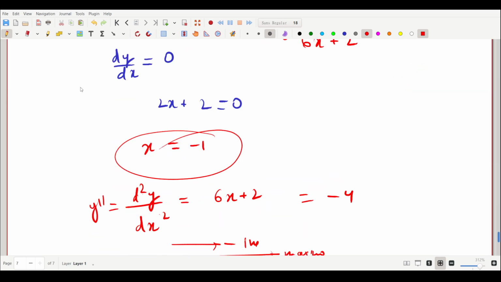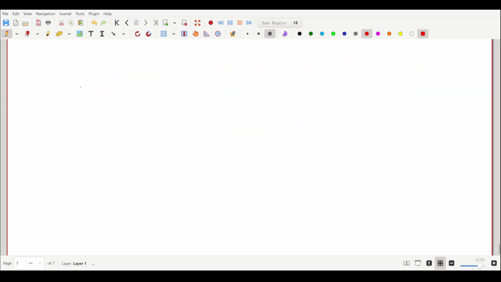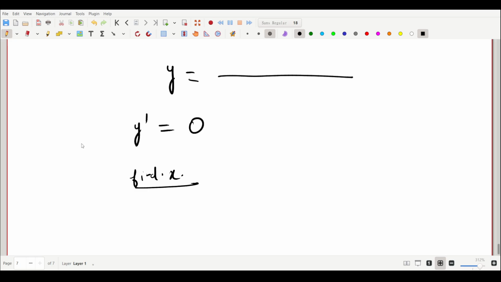If I again conclude the steps, first, from the given equation of y, we find the first derivative. Then we equate the first derivative to 0 and find the value of x. Once we get the value of x, we again find the double derivative, y double dash, and put in the values of x that we have just found.